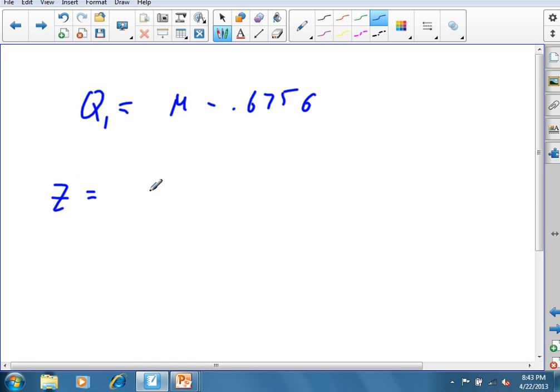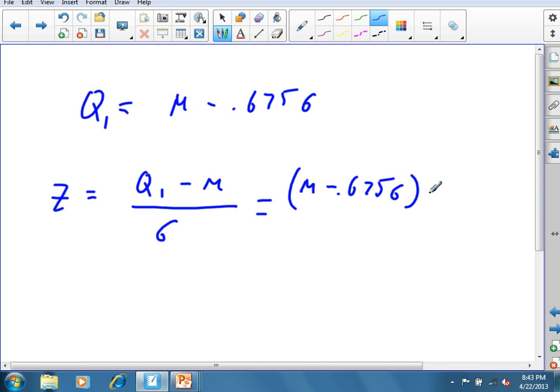Luckily I wrote it up there. Q1 minus the mean divided by the standard deviation. Okay, so Q1, that'd be mu minus 0.675 the standard deviation, minus mu, divided by the standard deviation.